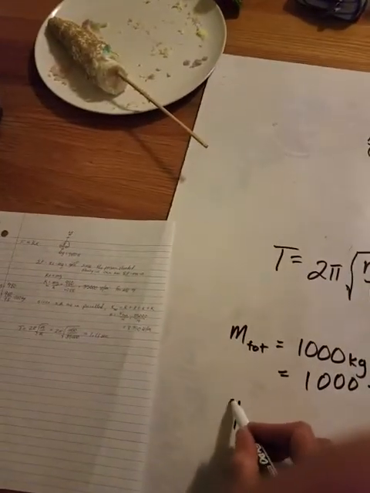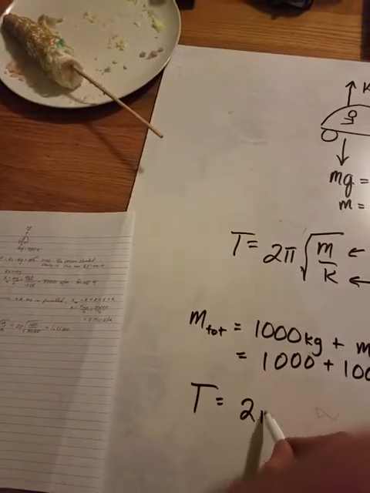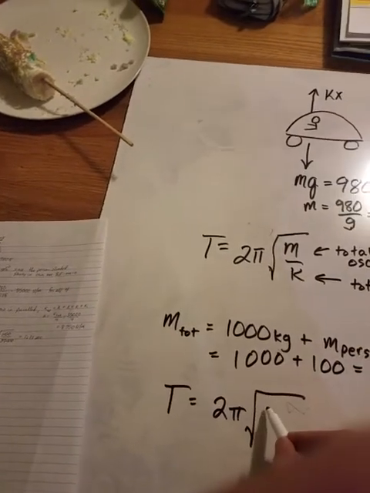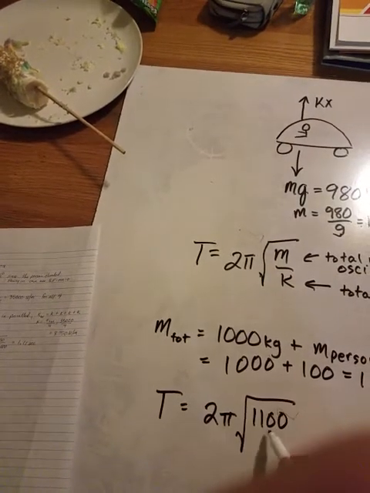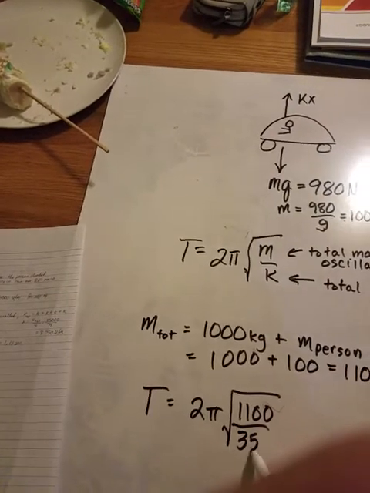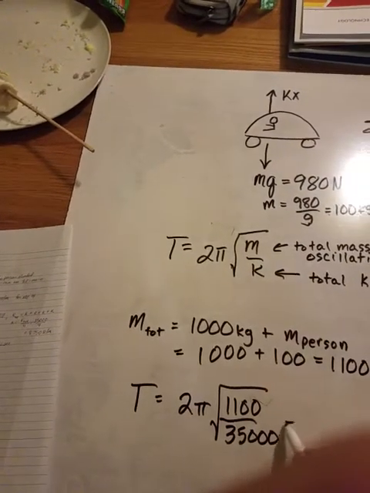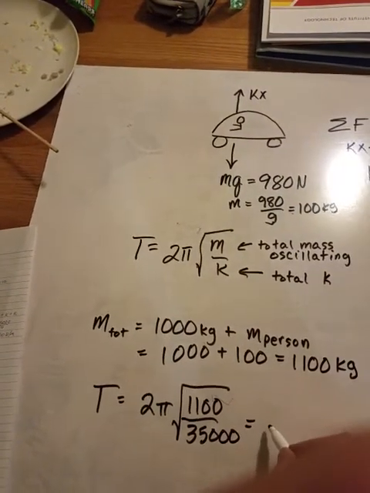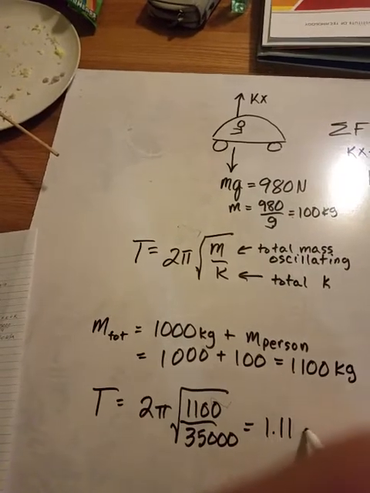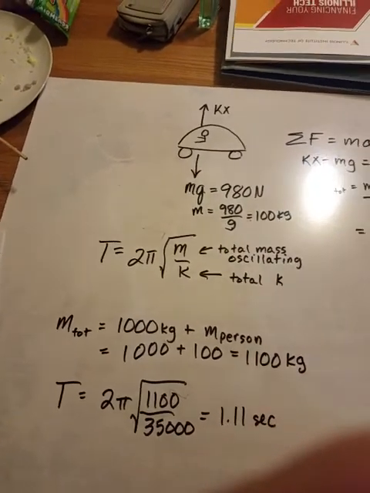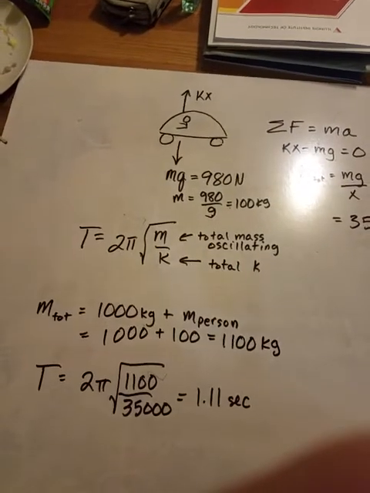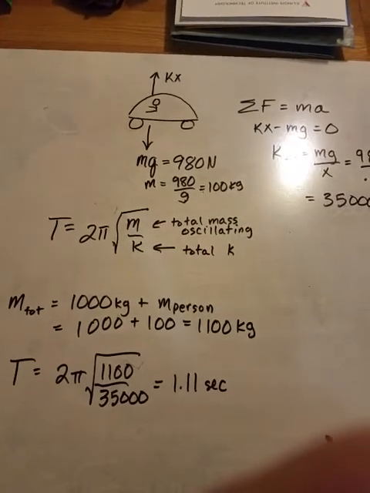So then T is going to be equal to 2 pi square root of that total mass divided by the total K, and that will be equal to 1.11 seconds.